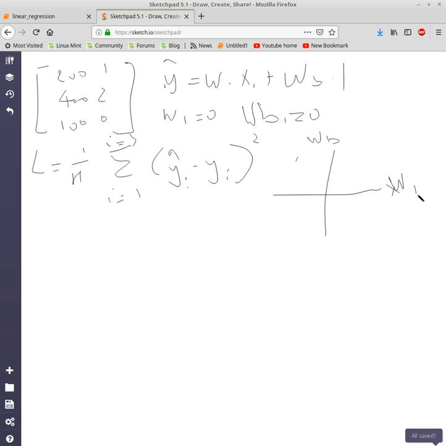Sorry about that. We have a W1 and a WB. So for any given point, right now we're at this point right here, when W1 is 0 and WB is 0.